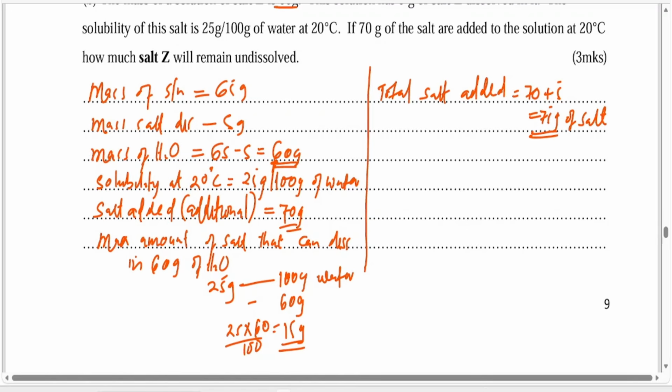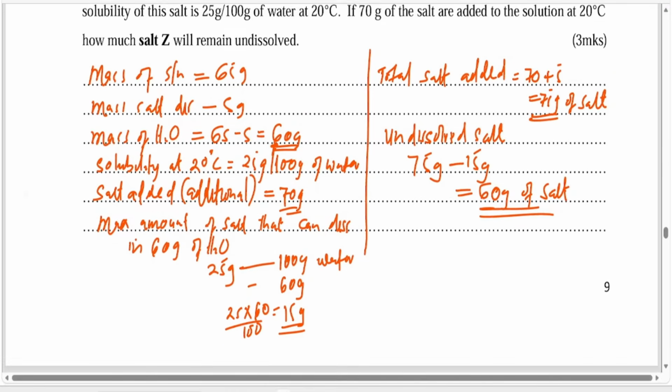We only needed 15, so the salt that should dissolve is 15. So the undissolved salt is 75 grams minus the 15 that was supposed to dissolve, and we have 60 grams of salt undissolved, and that is the correct answer.